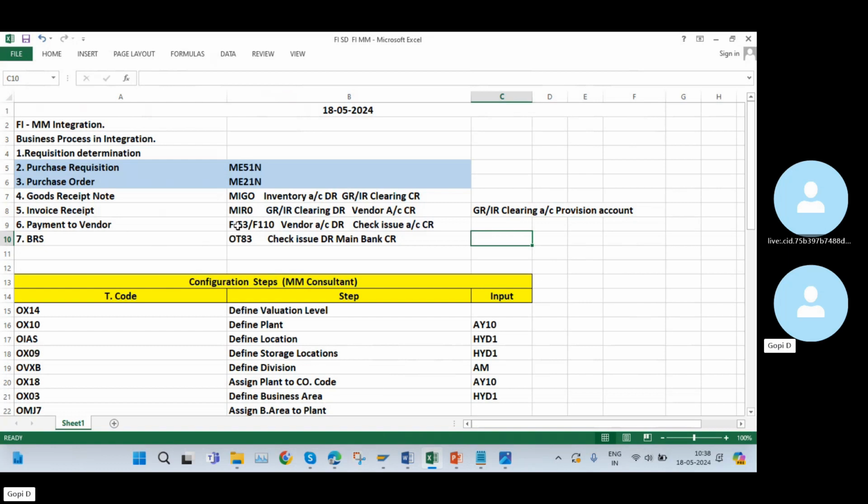At the time of payment to vendor, the general entry will be vendor account debit to check issue account. And at the time of BRS, the final clearing is check issue account debit to main bank account. Here check issue account you can see credit and debit, and finally the impact will be vendor account debit to main bank account only.